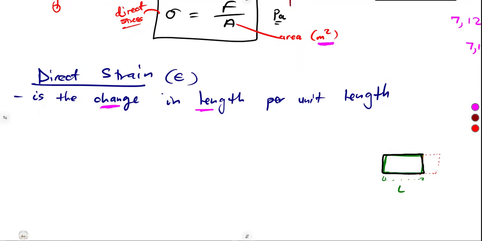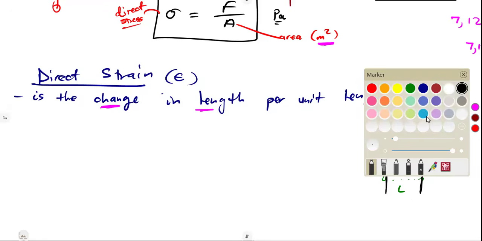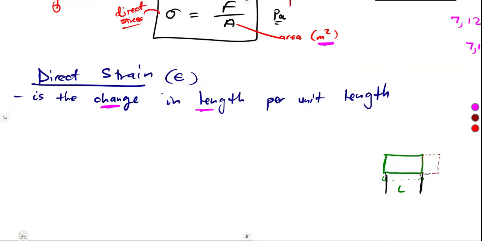It was indicating the original length, this L. But it is extended by some length. So that extension is the change in length. You can also just write it as X.